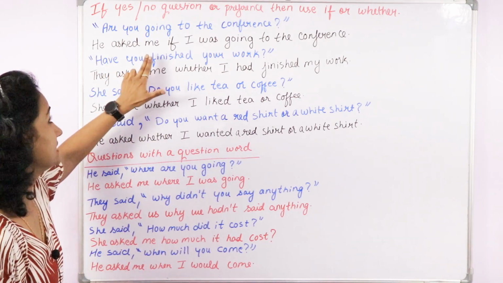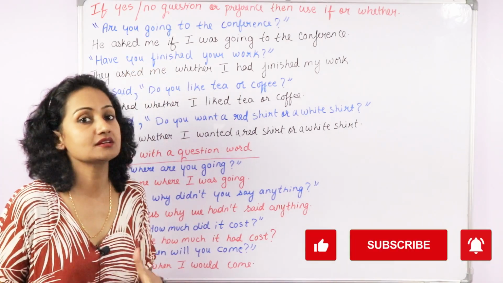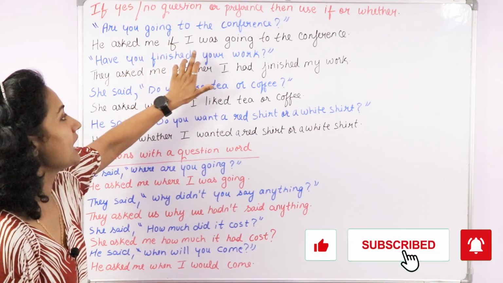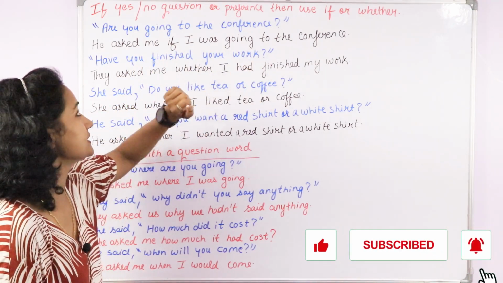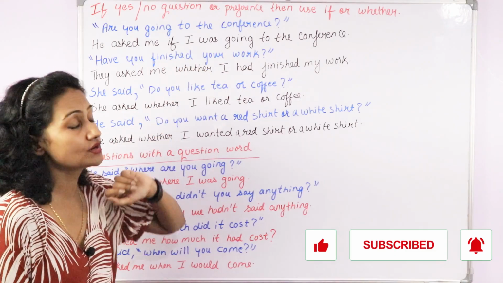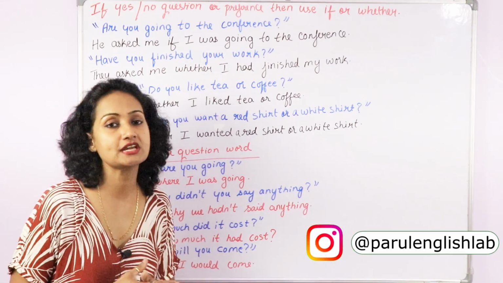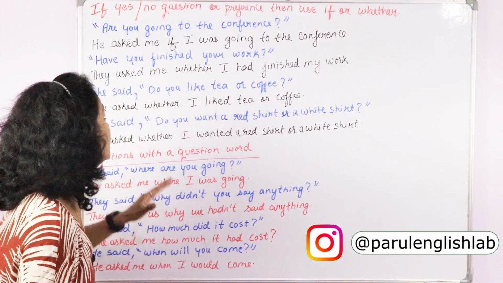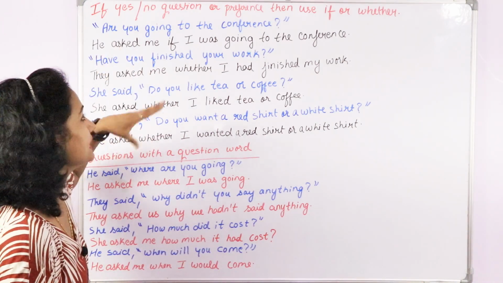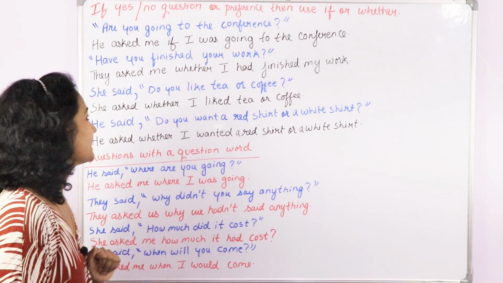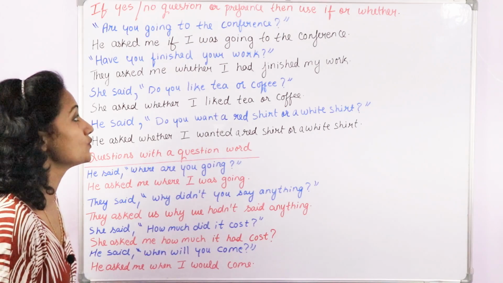He asked me, not said, because this is a question. He asked me if I was going to the conference. So are you going to the conference? This is present continuous. So present continuous will change into past continuous. So he asked me if I was going to the conference. Next is, "Have you finished your work?"